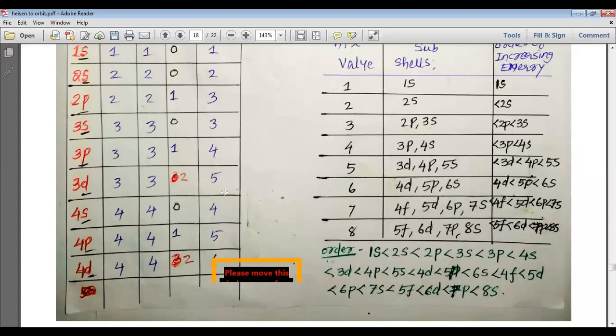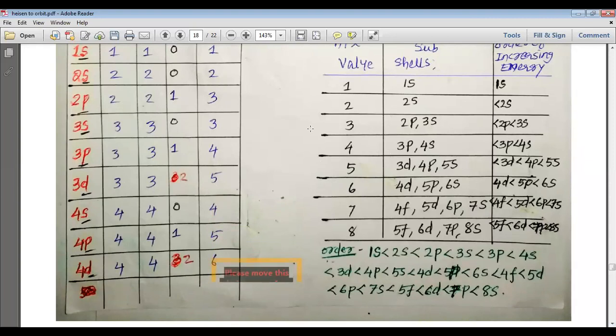Please remember, my dear students, that whenever there is an s orbital, I have put the value of L as 0, and that is what is written with the black pen. Whenever you have a p orbital, the value of L is written as 1, and that is written with the blue pen. Whenever you have a d orbital, the value of L is written with the red pen, that is 2.